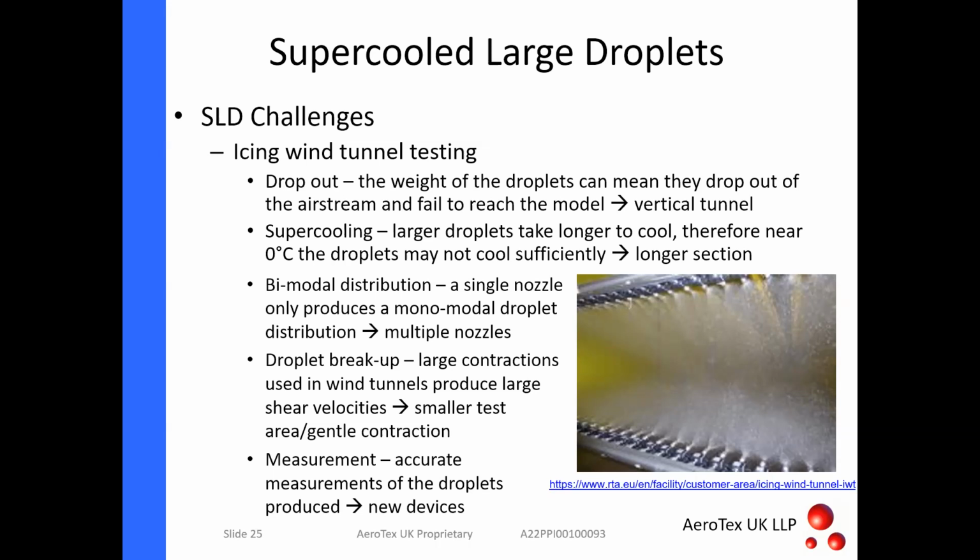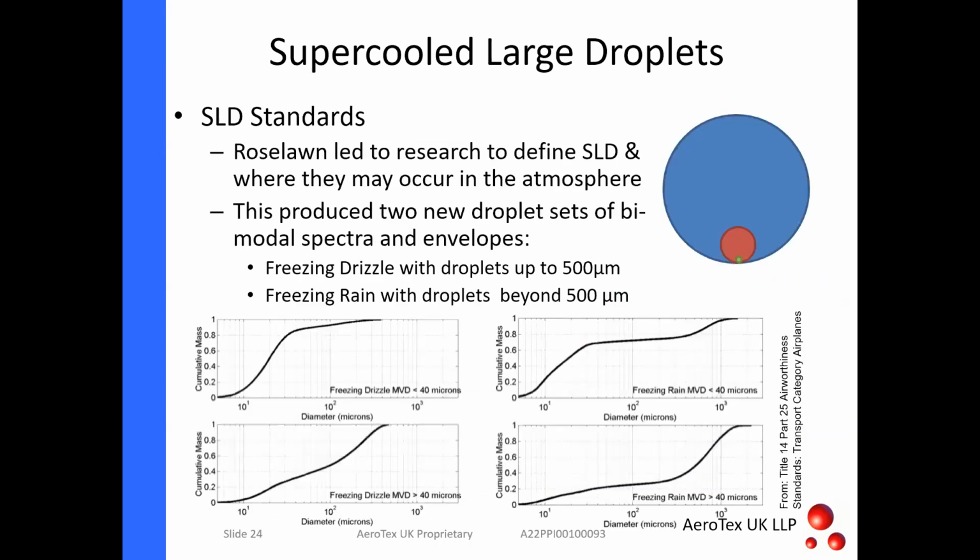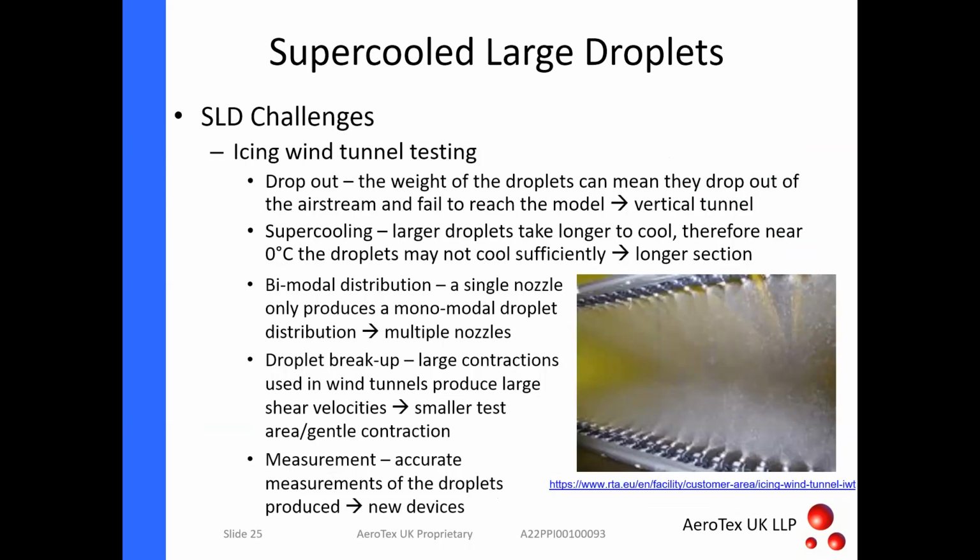We also need, if I go back, this is a bimodal distribution that we're getting. Typically for Appendix C, we'd be looking at a Langmuir D distribution, so a simple normal type distribution. Whereas for this, we need a bimodal distribution, so a single nozzle won't produce that.